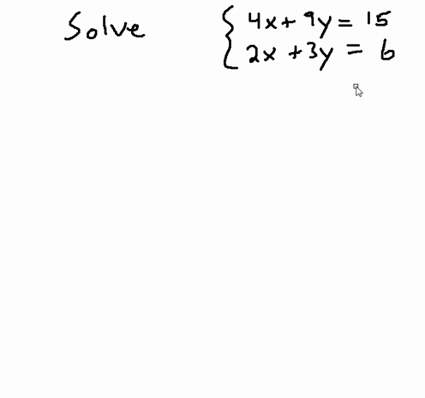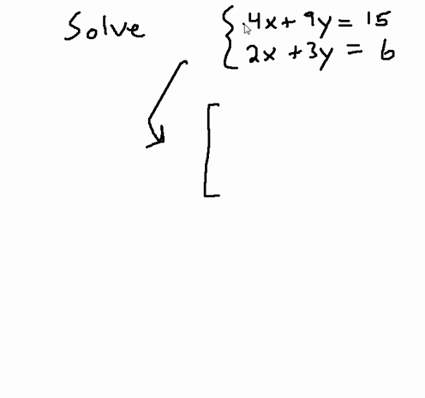Okay. So on the screen here we have this system of equations: 4x plus 9y is 15, and 2x plus 3y is 6. Now the first thing we have to do is the associated matrix, which is quite simple because it's just going to be the system here but without the x's and y's and the equal signs.